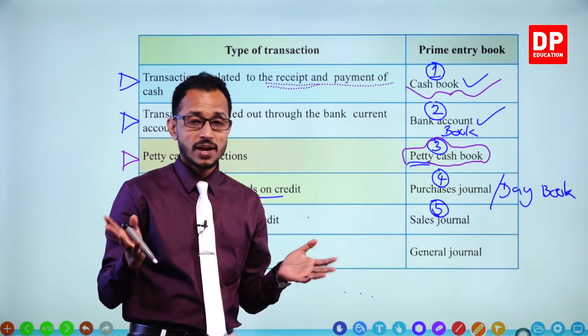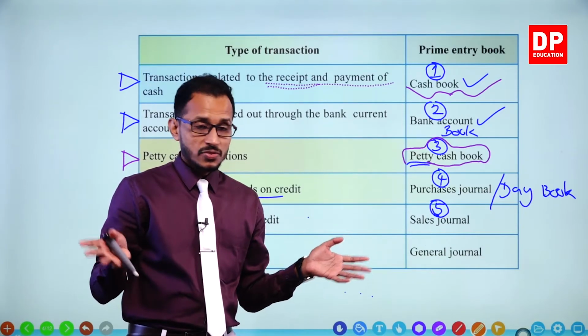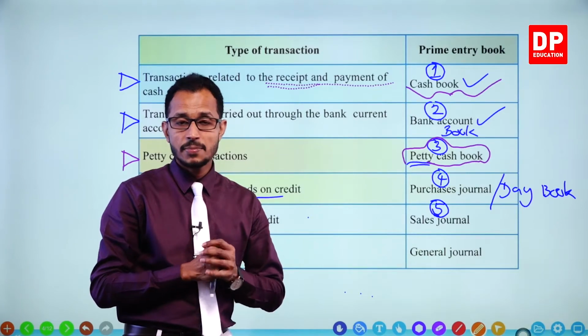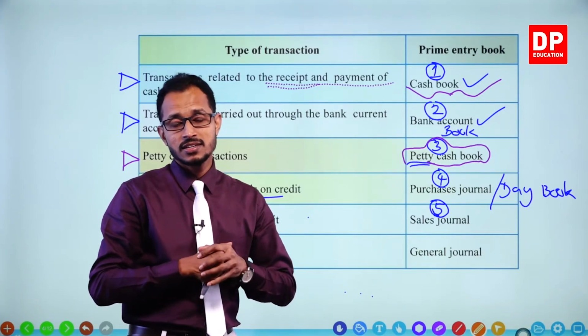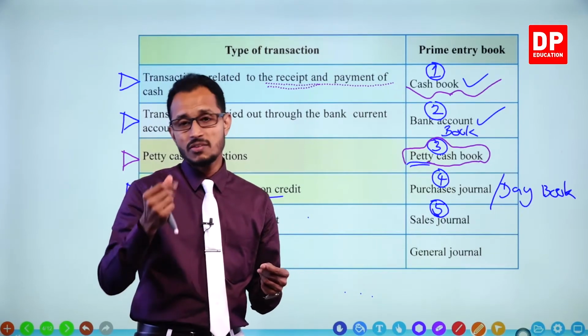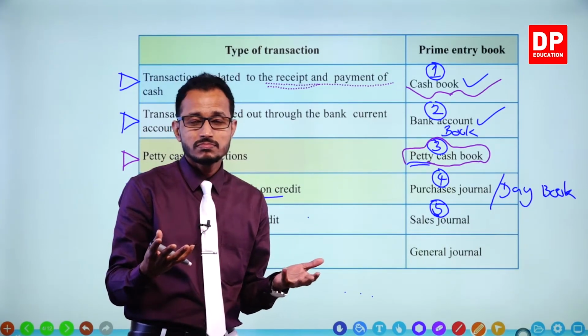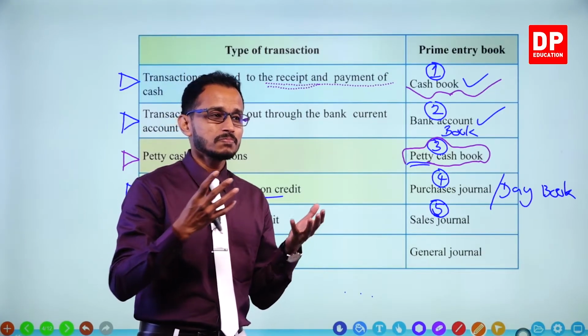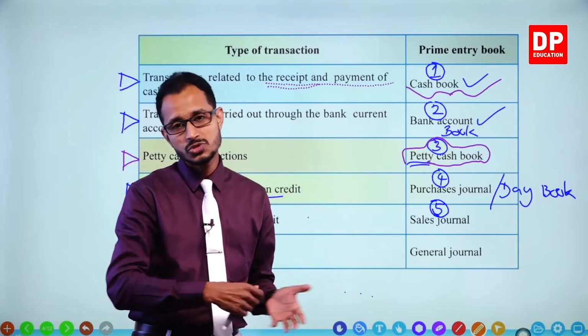This is the practical scenario. This happens in reality. When customers tell you that they can't pay, they don't have money, you have to, most of the time, children, you have to sell the goods on credit.